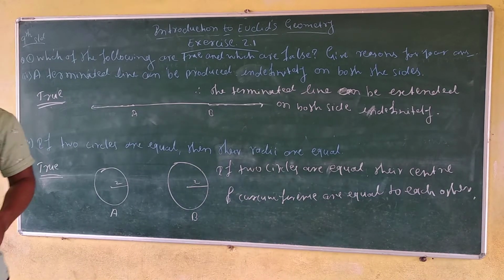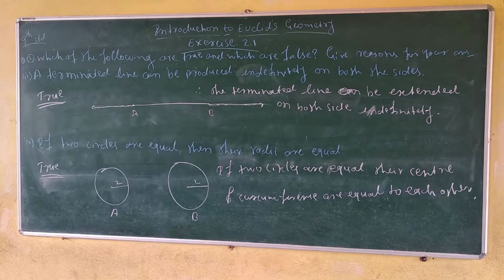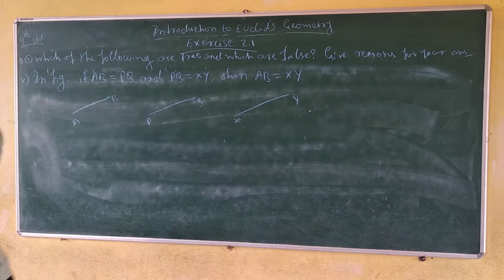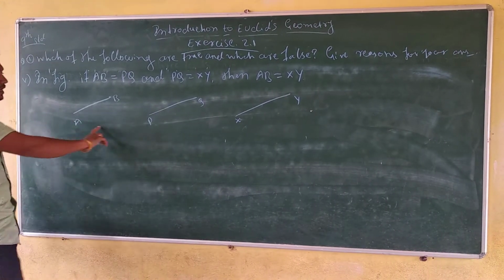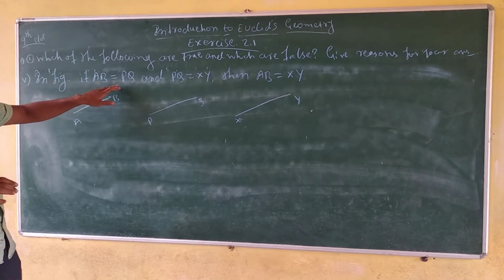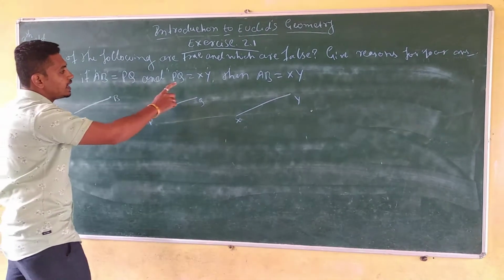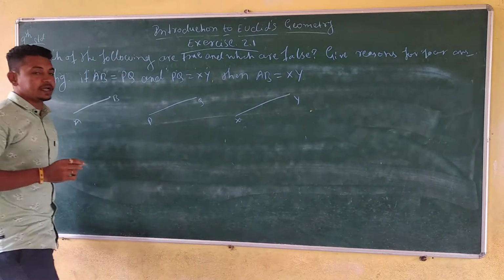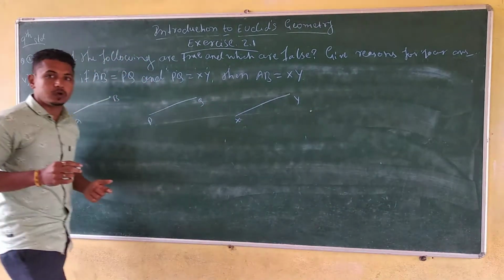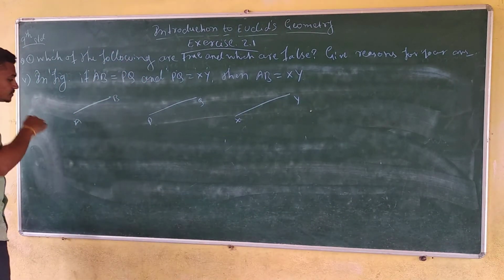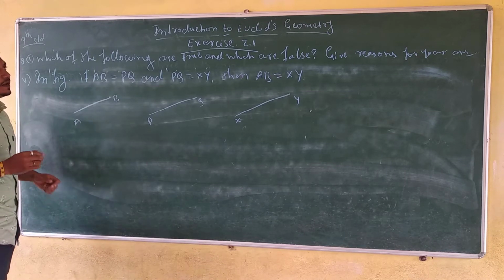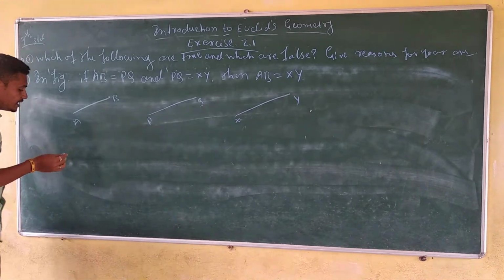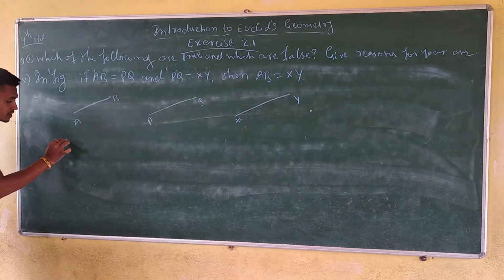Statement number 5. Now we have to discuss statement number 5. See here, this is the fifth statement, in the figure. AB is equal to PQ, and PQ is equal to XY. Then AB is equal to XY. Now we have to prove that AB is equal to XY. According to Euclid's first axiom, what is Euclid's first axiom?